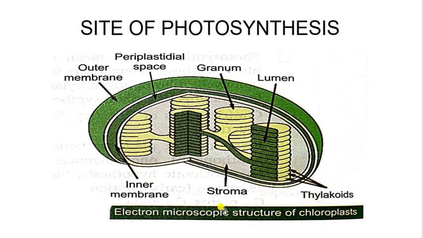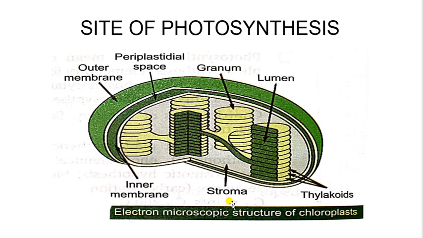The stroma contains fat globules, starch grains, osmophilic granules, pyrenoids and enzymes of the dark reaction. The matrix also contains RNA, DNA and 70S ribosomes. And this was discovered by Robinson and his collaborators in 1962.